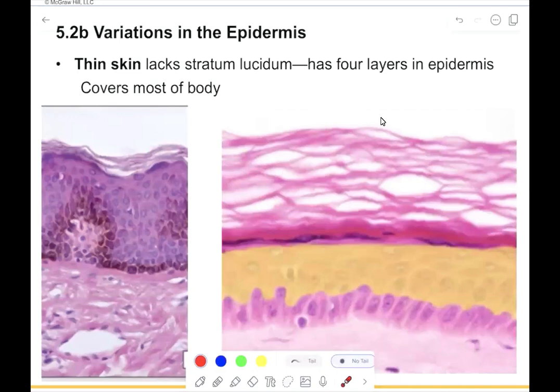This would be the granulosum, and then this would be the spinosum and the basale. Down here would be the stratum basale, shown on this image on the left-hand side of your screen. So it's important to remember that thin skin lacks the stratum lucidum and has 4 layers. So that would be everywhere on the body except for the palms and the soles.